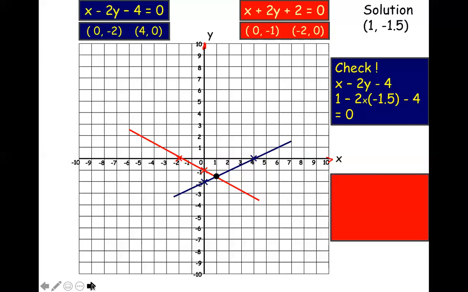Whereas on the second one, you can quickly check that your solution works. 1 plus 2 times negative 1.5 plus 2, that is 0. So that means I'm fulfilling those 2 lines and the point belongs to both.